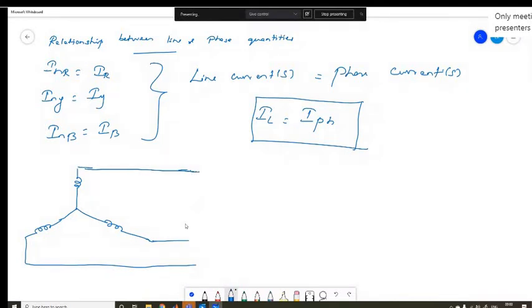I'm leaving aside the currents and noting only the voltages.